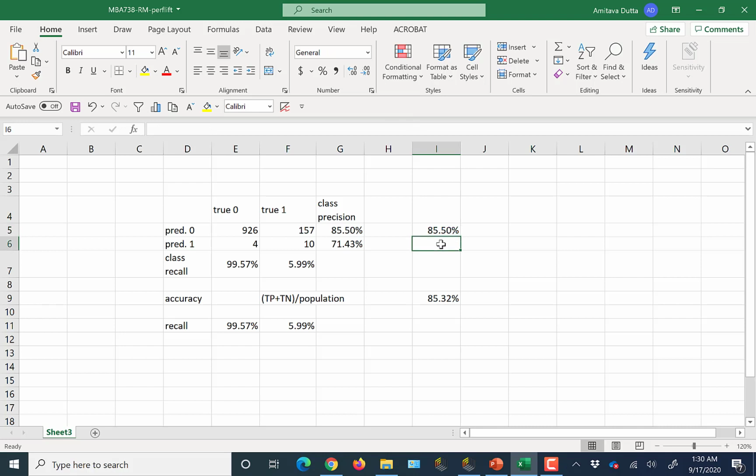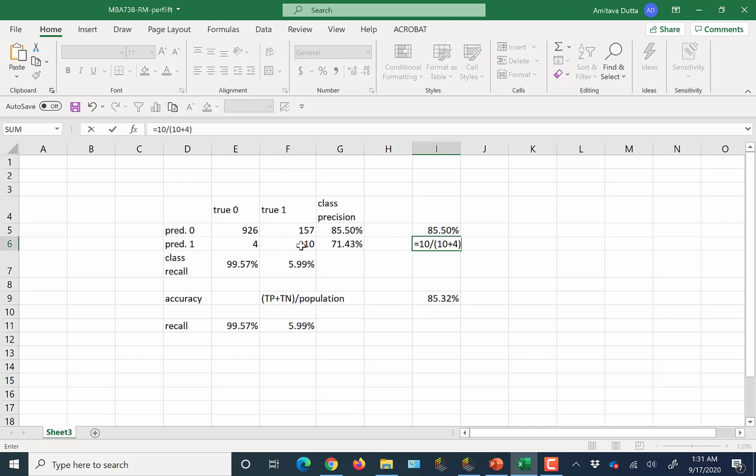Let's look at the precision for category 1. How much of that is junk? We know the denominator will be 4 plus 10, because that's the number I predicted to be in category 1, and the numerator will be 10. So that's 10 divided by 10 plus 4.